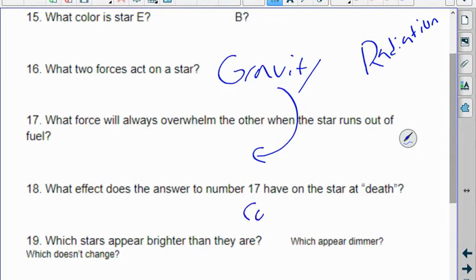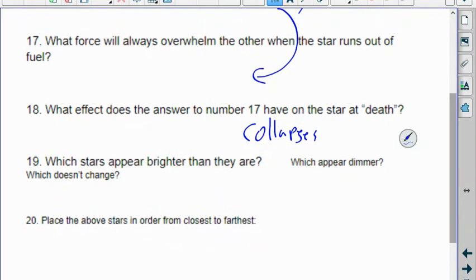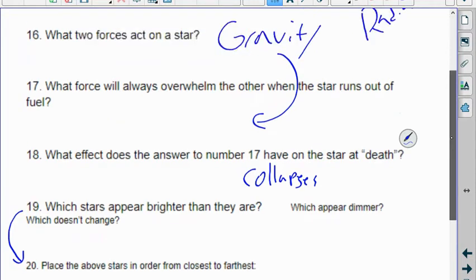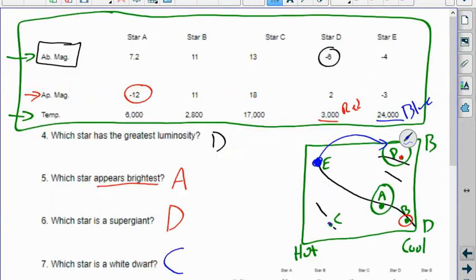It collapses, it implodes, it gets crunched down to a tiny point, however you want to word that. For 19, I really asked this out of place, because I asked 19 so that you could answer question number 20. Okay. So let's put these in order really quickly.